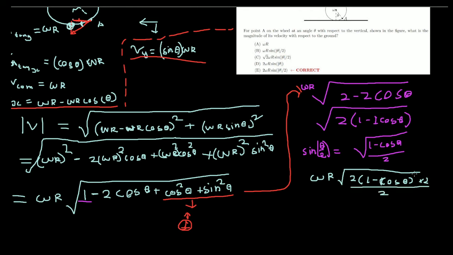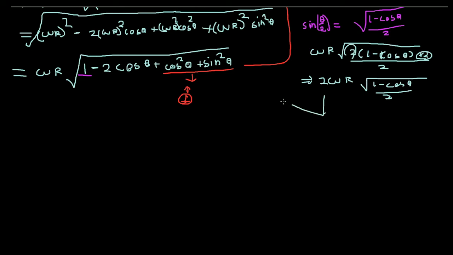Since all these are under the square root, we're effectively multiplying by root 2 and then dividing by root 2. In the end, this just gives us 2 omega R, and under this square root we have 1 minus cos theta over 2.